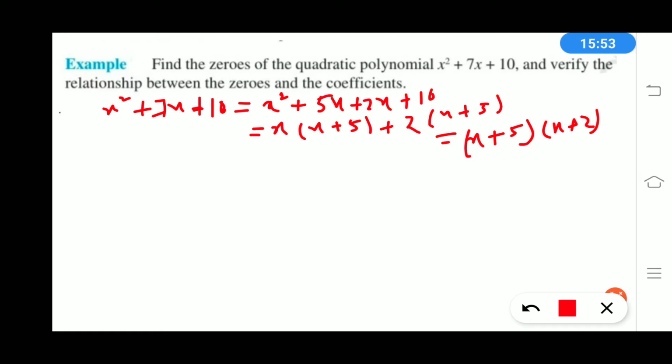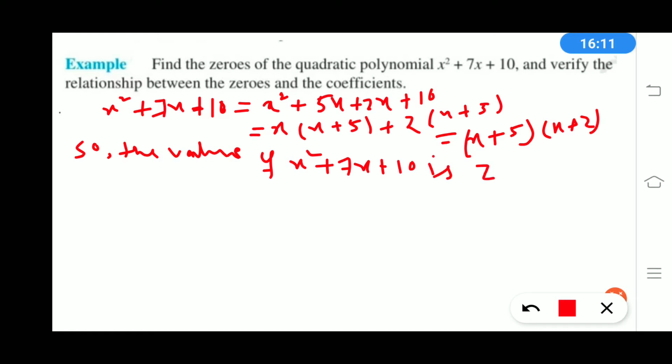Clear? So the value of x square plus 7x plus 10 is 0 when either x plus 2 equals 0 or x plus 5 equals 0.